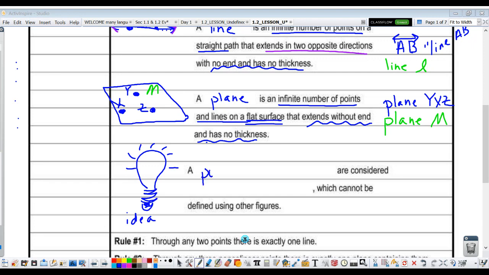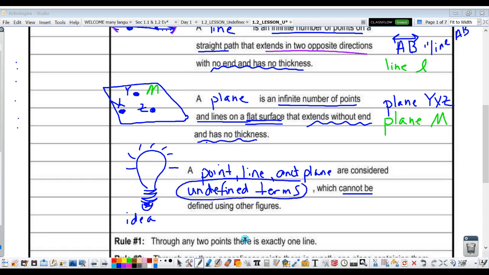So a point, line, and plane are considered undefined terms. Which means that they cannot be defined. So it's undefined. It cannot be defined using other figures. It's an idea.